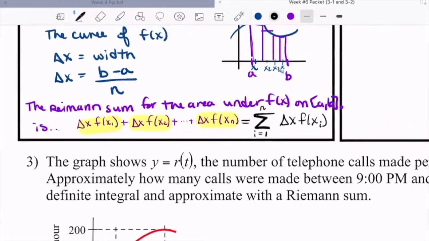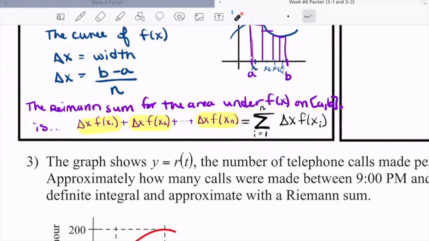So if we wanted to write this sum out in a more succinct way, we could write it as the sum from little i going from 1 to n of change of x times f of x sub i. So this is often called summation notation.